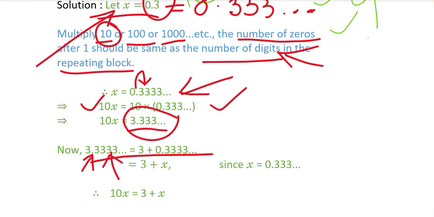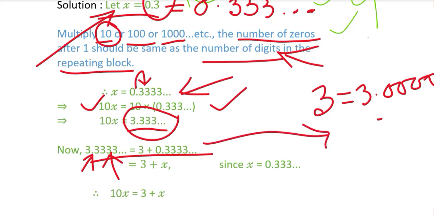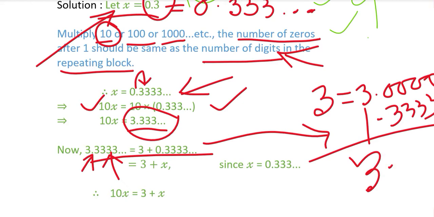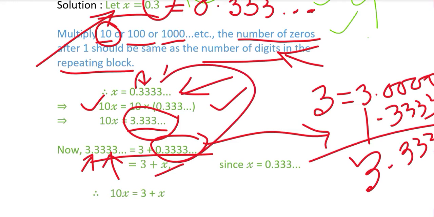As you can see, 3 can be written as 3.00000, and this part as 0.3333. If you add them, this 3 comes and you get the number like this. Hence you can just replace this number with x. Why? Because check out this portion. What is x? x is nothing but 0.3333.